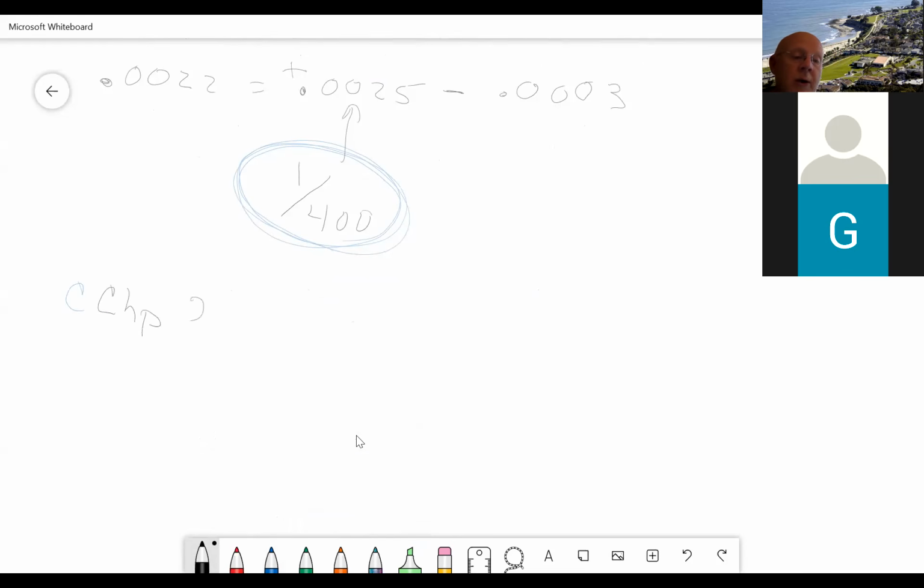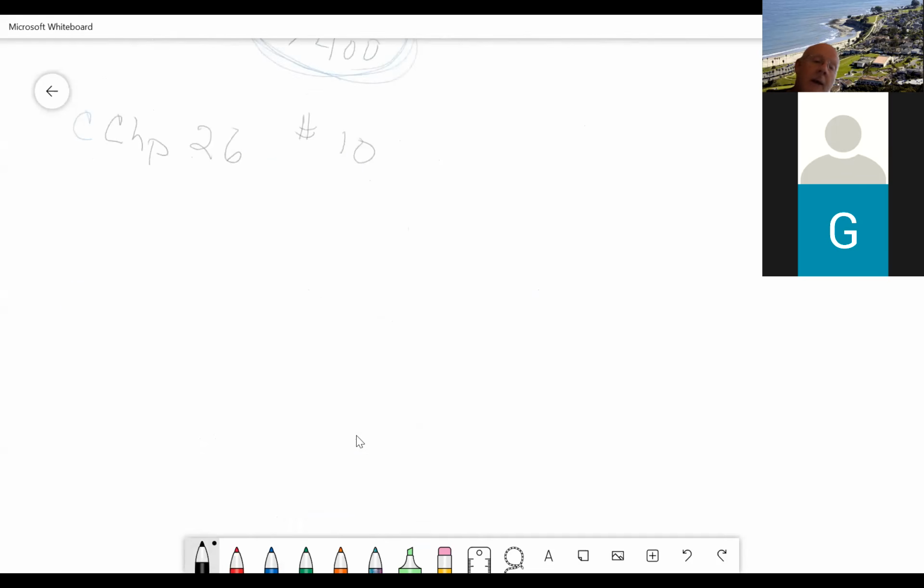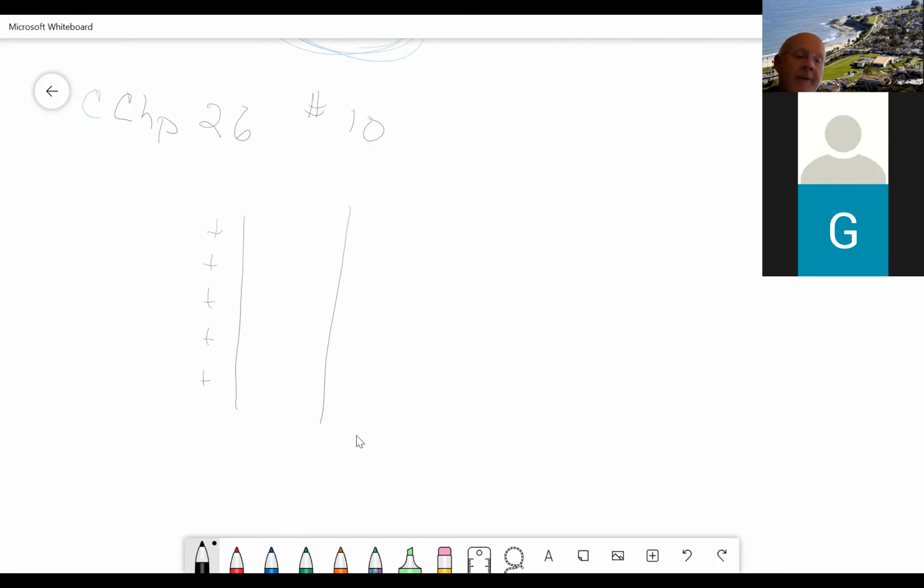So chapter 26, number 10. And all that description looked something like this. Let's say this is the positive plate here. And of course, that would make the negative plate over here. And this little object is being shot over like this.